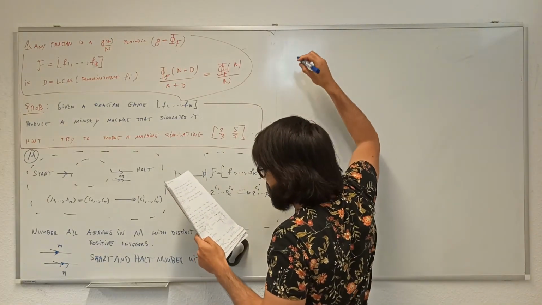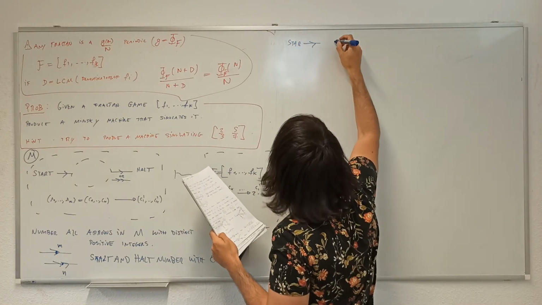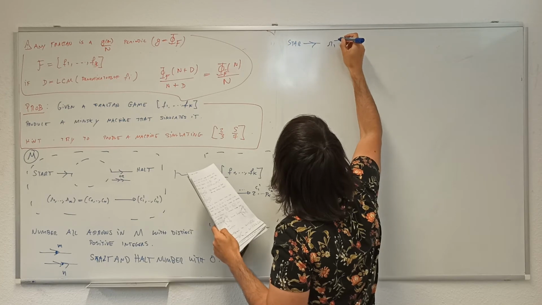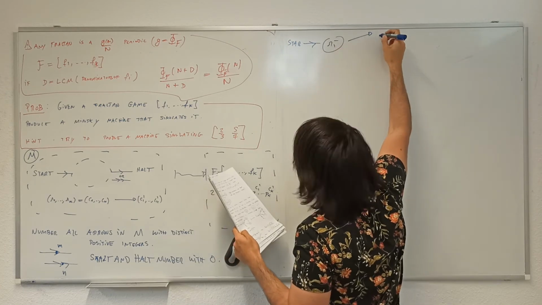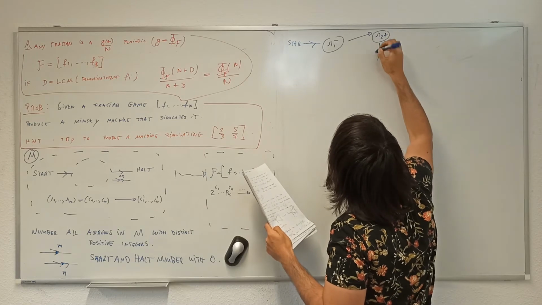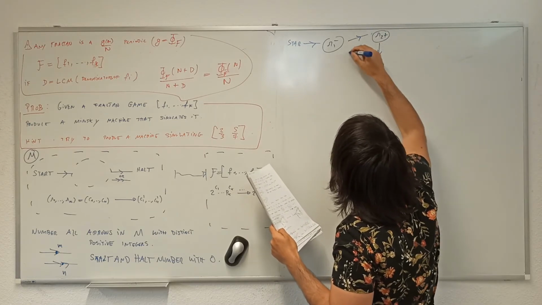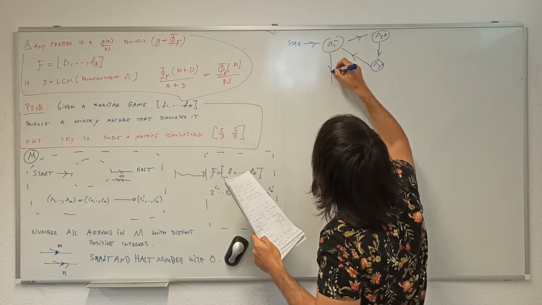Okay, so suppose I have a machine like this. Suppose I had this machine, R1 minus, and this would be R2 plus, and this R3 plus, and then this is halt.